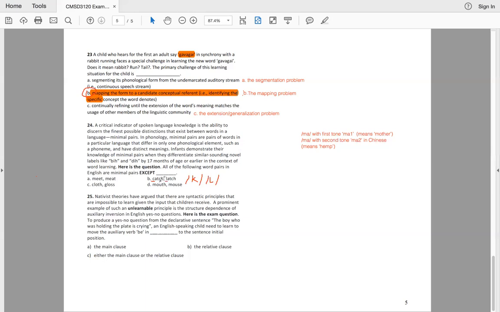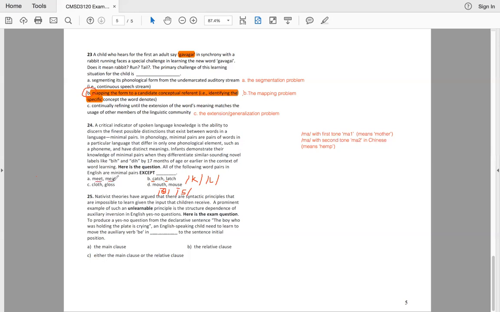So this is the minimal pair. B is the minimal pair. Here, mouse, mouse. So you have the dental sound and this. So it's also a minimal pair.